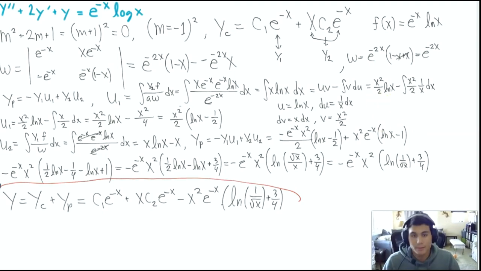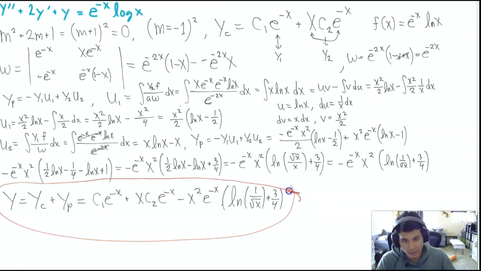There we go. And by the way, if you look at the book solution for this, it's exactly the same thing. The only difference is that they factor their negative in here. So if you factor your negative in, this is negative ln x minus 3/4. And if you put a negative right here, then this gets flipped in here, and it's square root x over 1.